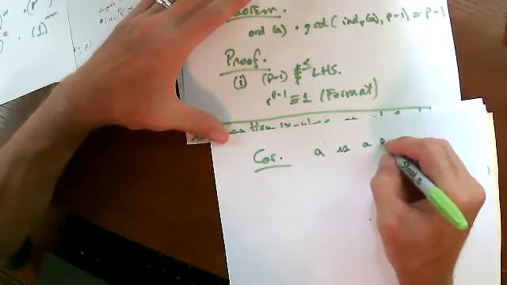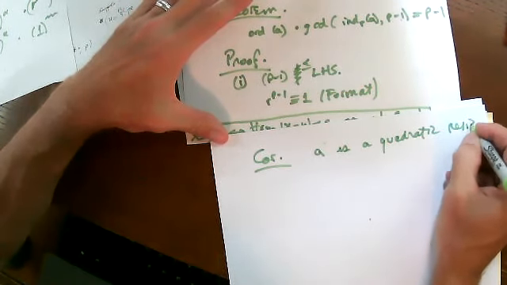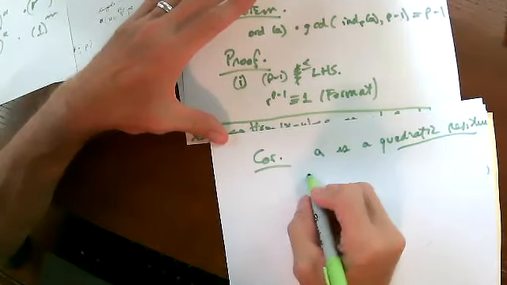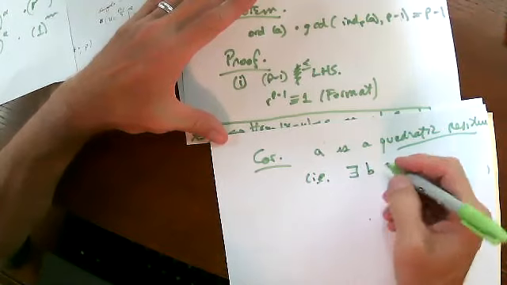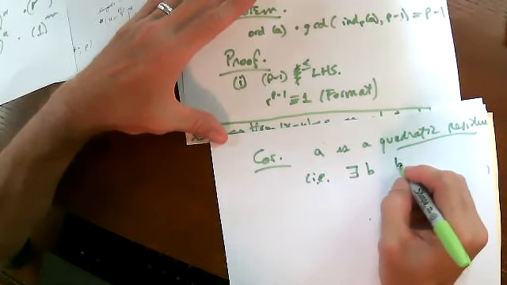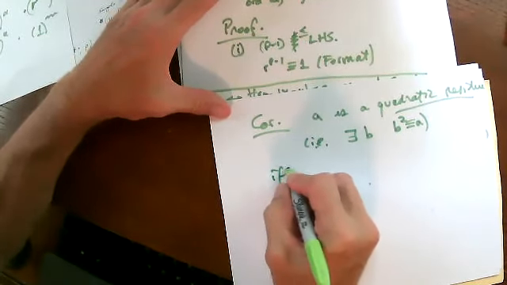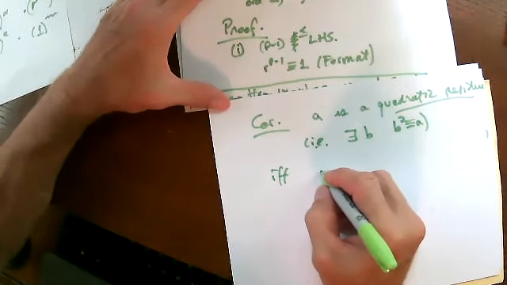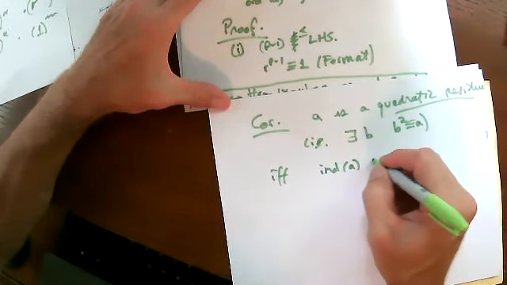So the wording there is it is a quadratic residue, mod p. So that is saying there exists another congruence class B with B squared congruent to A. And that happens if and only if the index of A is even.